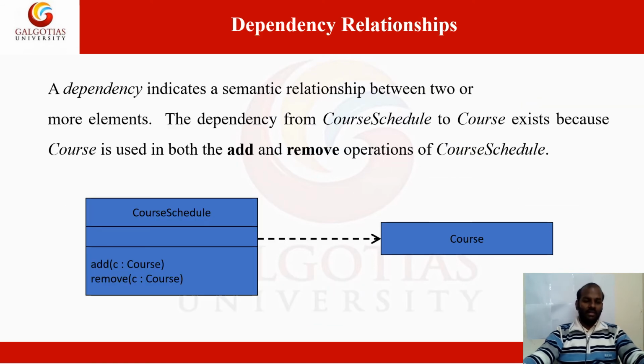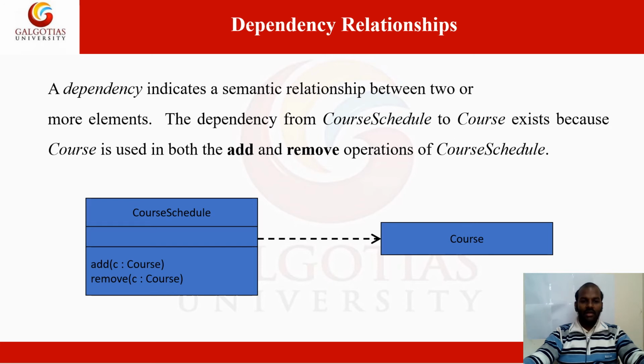Dependency is the second relationship in your class diagram. Wherever there are two different classes and one class depends upon the other class, you may use this particular relationship between the two classes. It is always represented by a dotted line with an arrow mark.